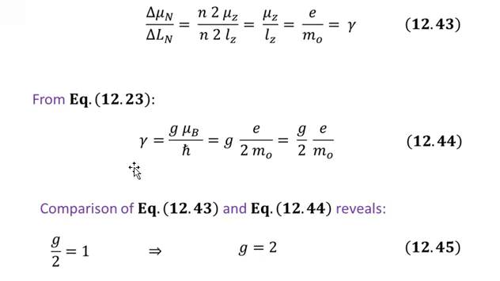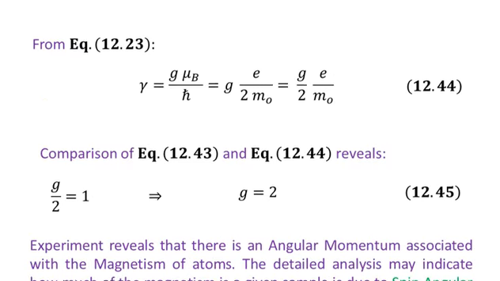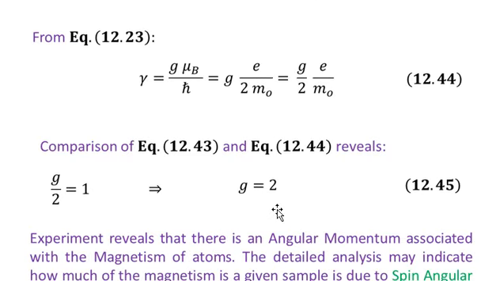Because on the left hand side we have gamma, and on the right hand side we have G by 2 into gamma, it means that G by 2 is equal to 1. So G over 2 is equal to 1, which means that G is equal to 2. This is the value that we have found experimentally. Using experimental data, we have found the value of G is equal to 2.